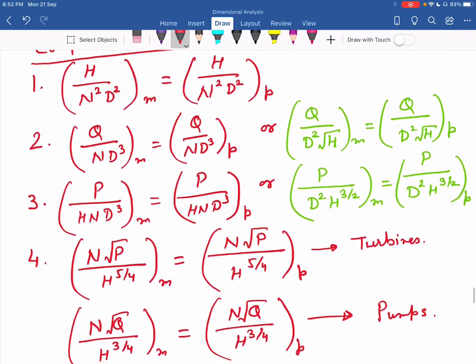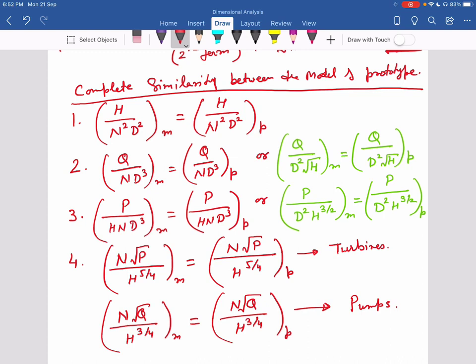So now you can see in case of turbines, I can use equation number 1, equation number 2, 3, and equation number 4. So for turbine, I use this equation, or in terms of this, I can use this equation or this and this. Instead of 3, I can also use this one.